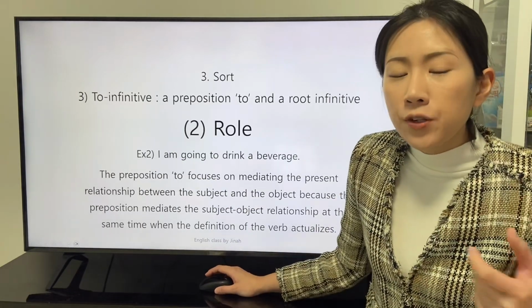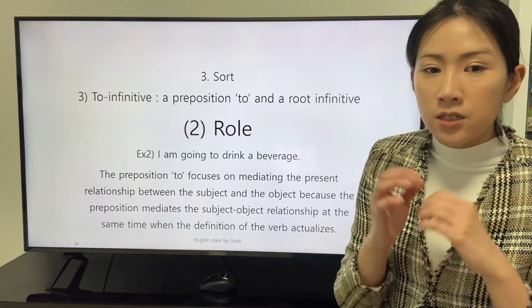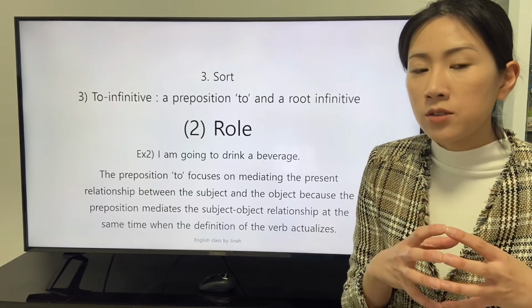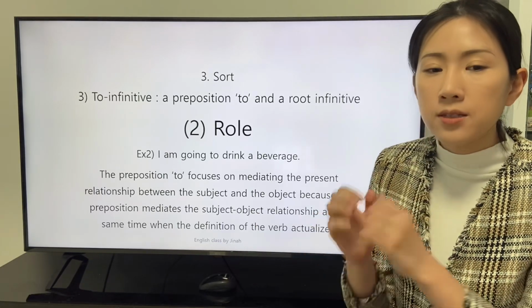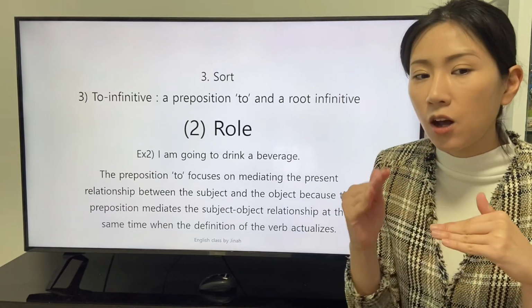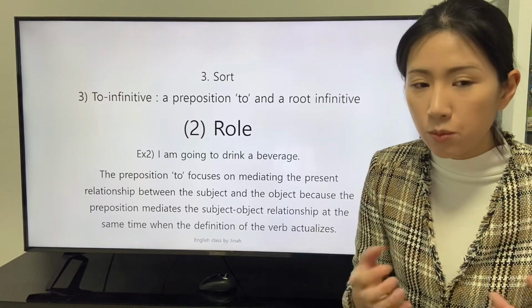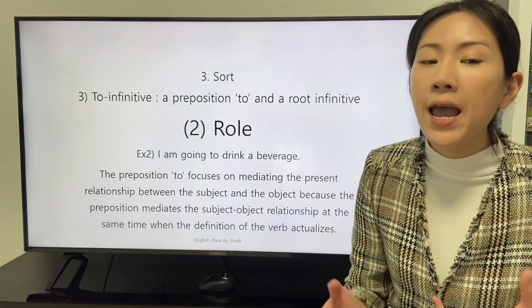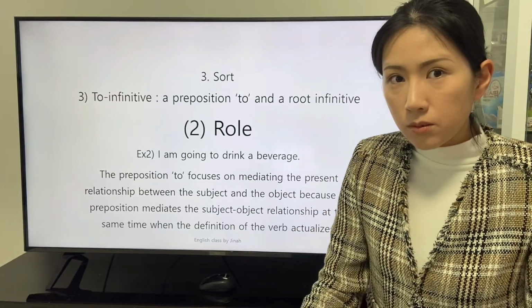The preposition to focuses on mediating the present relationship between the subject and the object, because the preposition mediates the subject-object relationship at the same time when the definition of the verb actualizes.